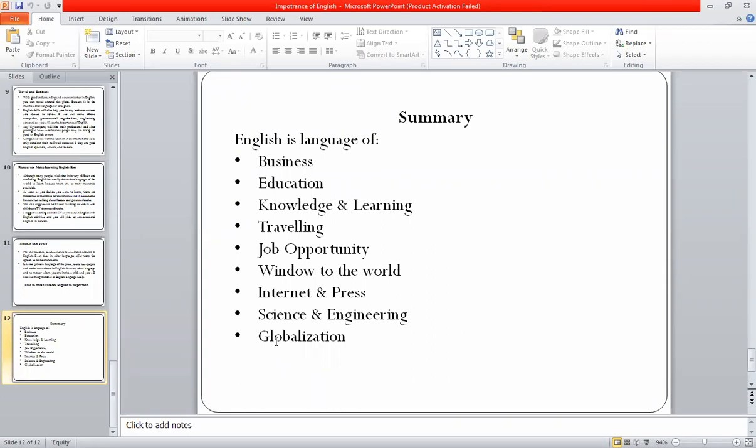For business purposes, or for growing the business, like the electronics business or any other type of business, such as the automobile industry, we have an automobile industry in Pune.